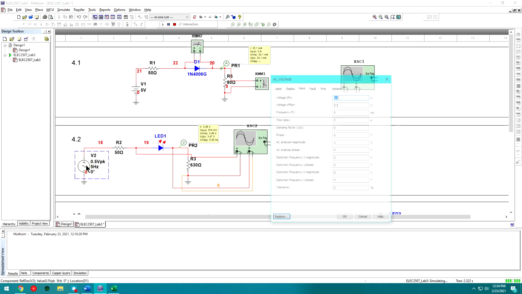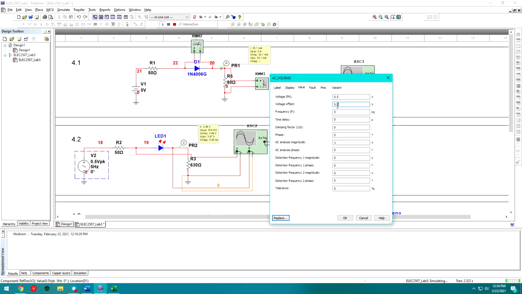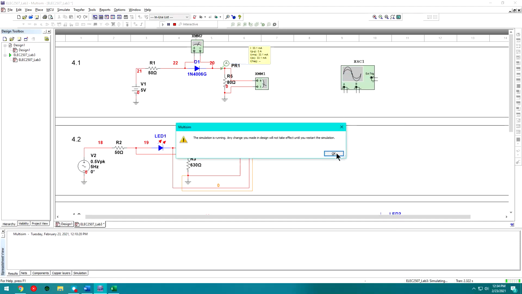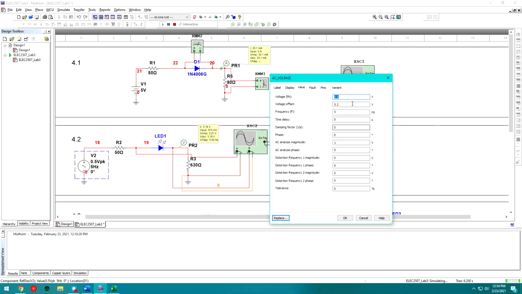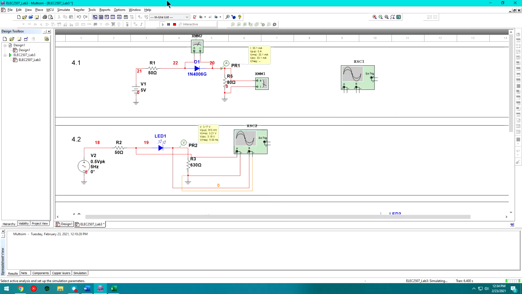So that's a little high now. So I'll go back down. So 3.19, that's right in the ballpark, but we can make it better since we're working in simulation. So go down to 5.15 maybe.